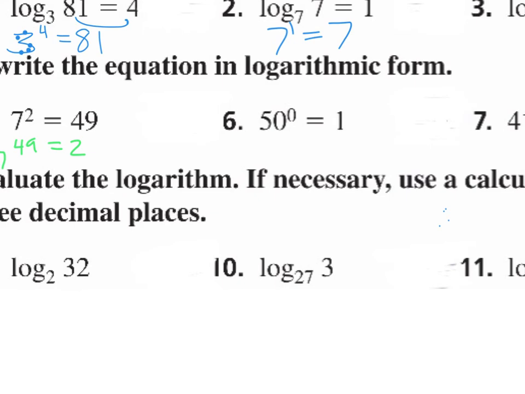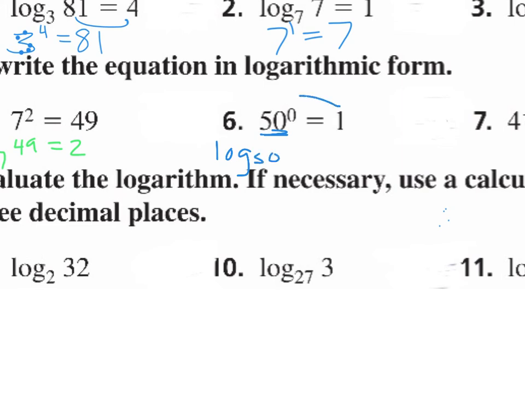Ariana, what'd you get for number 6? So turning it into log form, we start with the word log. Next comes our base. What's our base? So our base is the big number, 50.